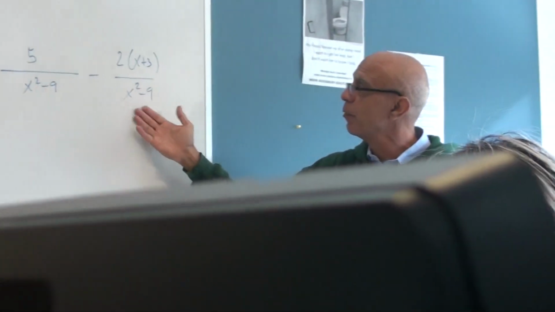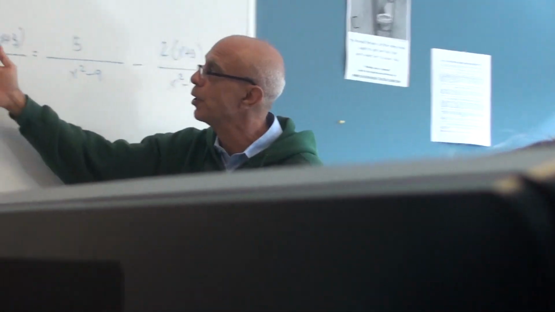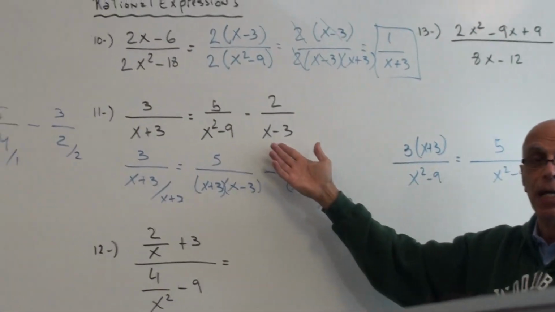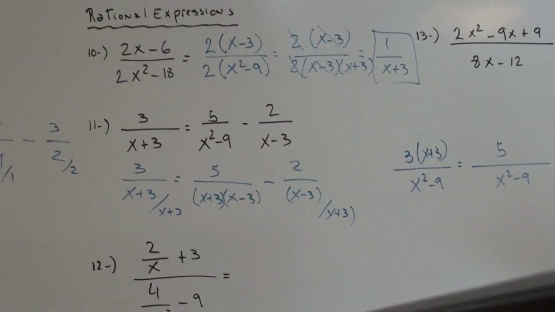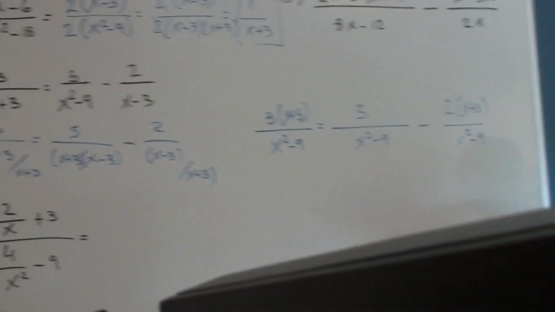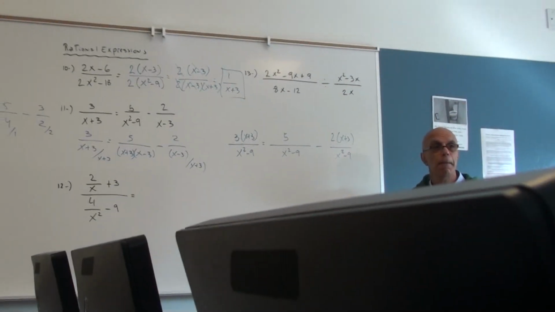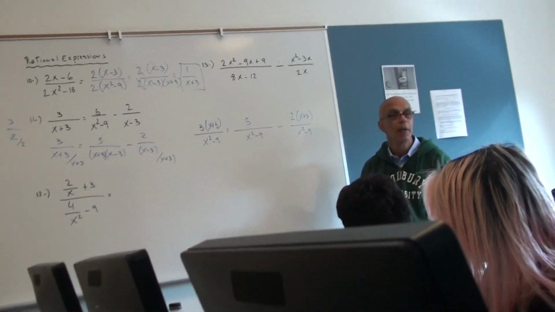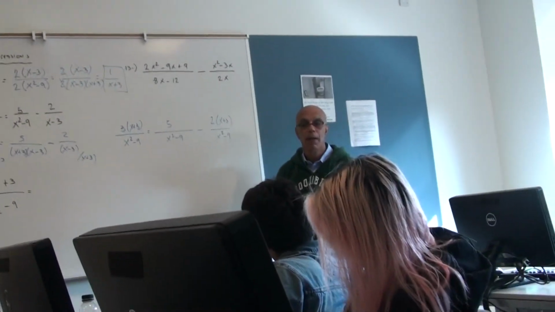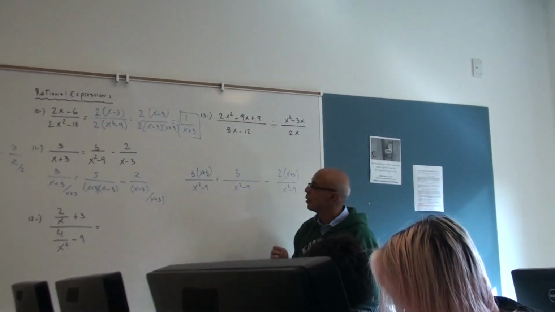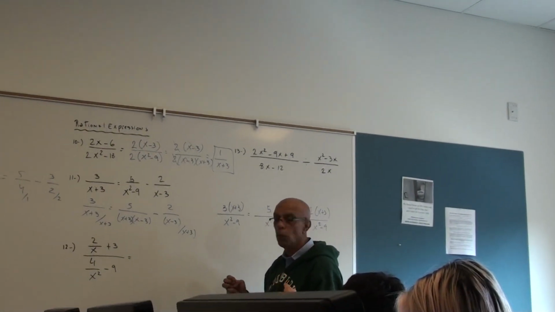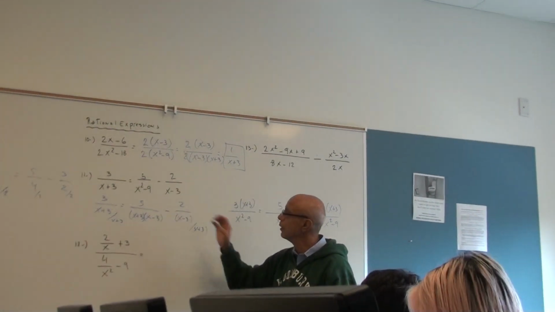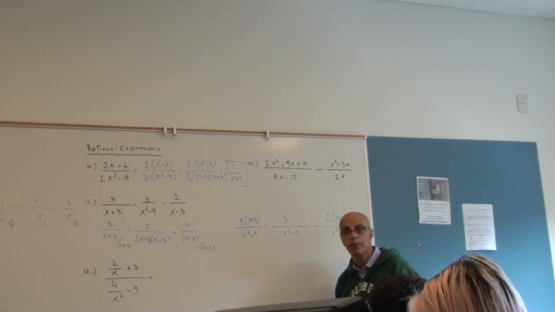But is there any restriction here? Is there any value of x that is not possible? What value of x is going to make this equation impossible? Look at the denominators. What value of x is going to make this not possible?